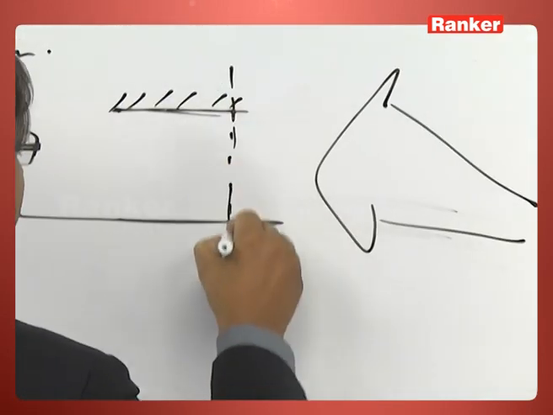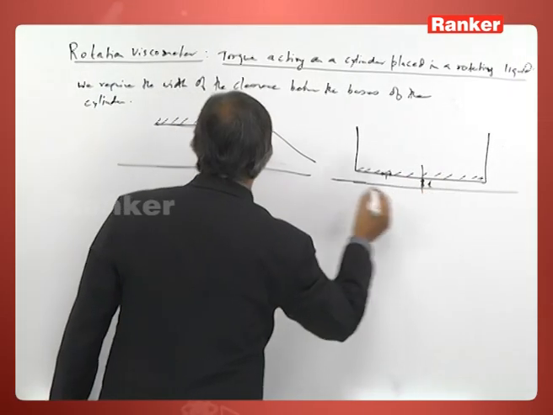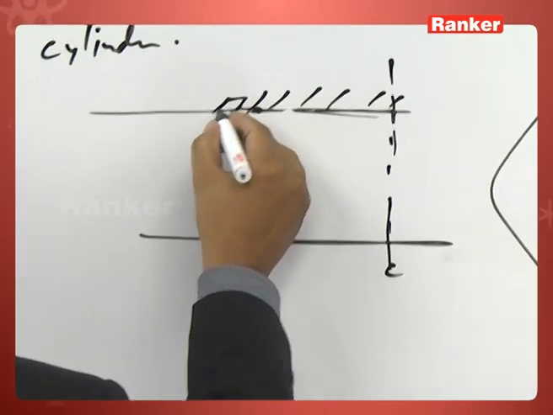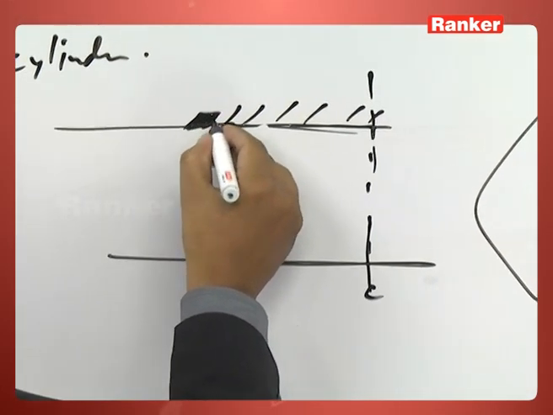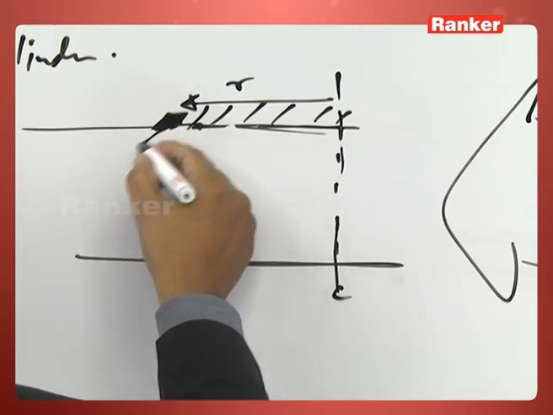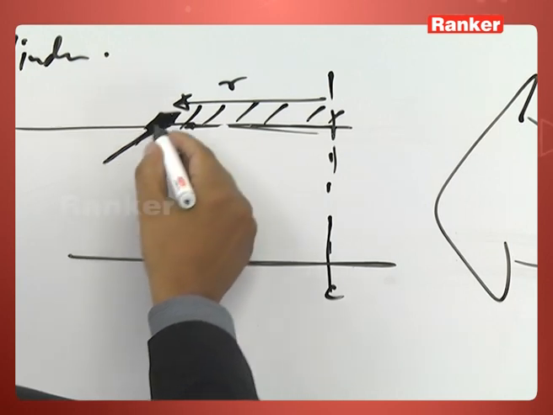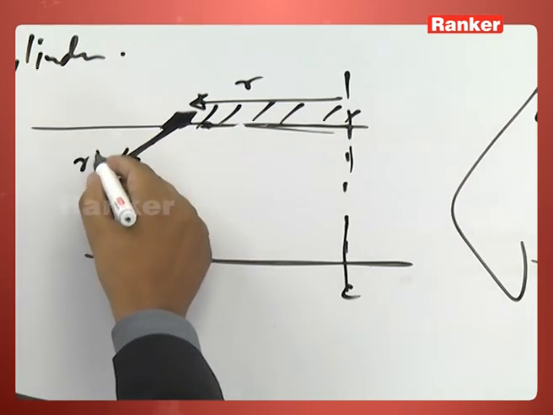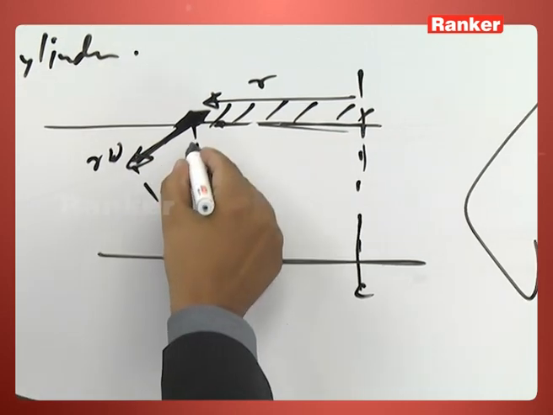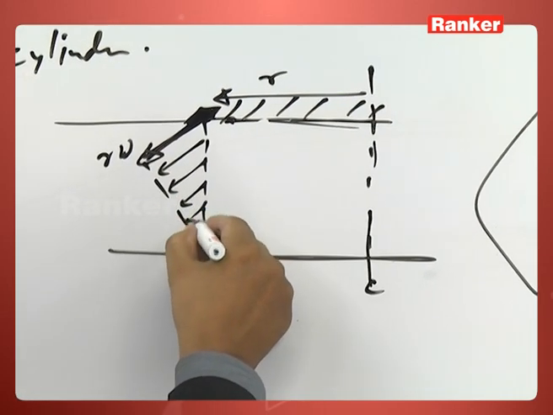Suppose this is the center, and at a distance of small r I have a small area. This velocity will be tangential and it will be r omega. And this velocity profile will be linearly decreasing.